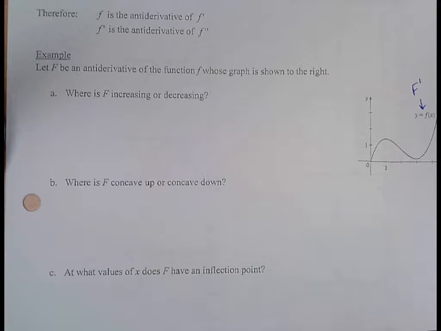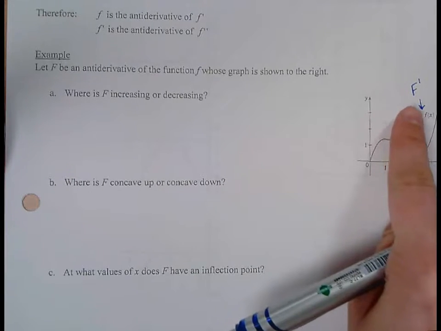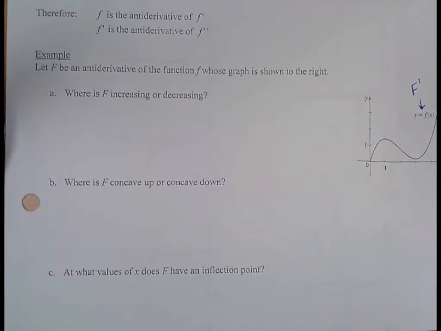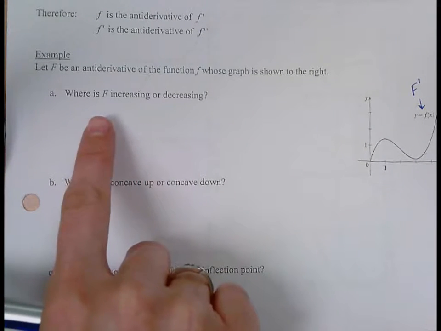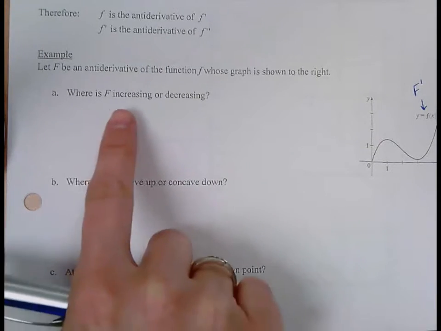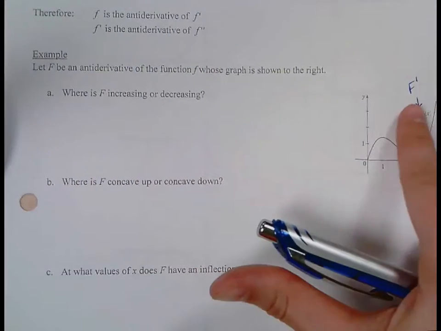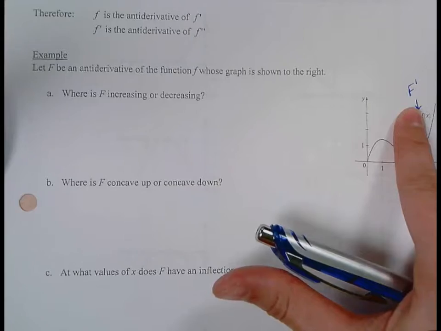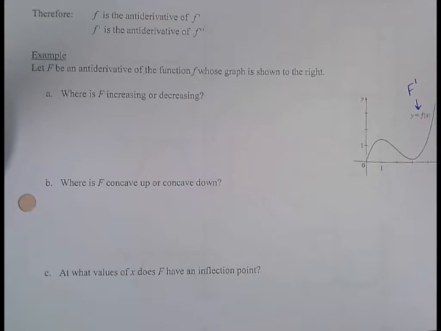So all of the questions you just worked on where you were given the graph of the derivative, that's like this question. So if this is capital F prime, you are then asked in A, where is capital F increasing or decreasing? So how do you find where f is increasing or decreasing if you're given the graph of the derivative? Where it's positive or negative.